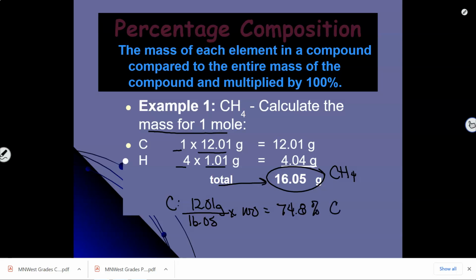Doing it for hydrogen, the mass for the hydrogen was 4.04, divided by the total mass again, times 100%, gave us 25.2% of hydrogen. Notice those 2 percents should add up to 100%.